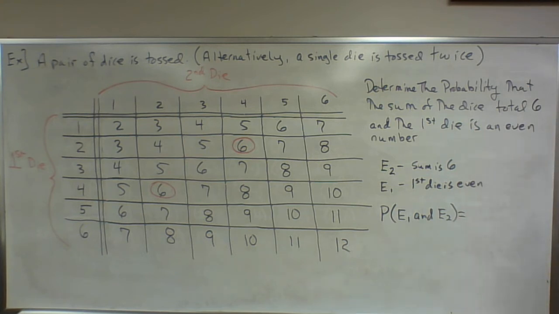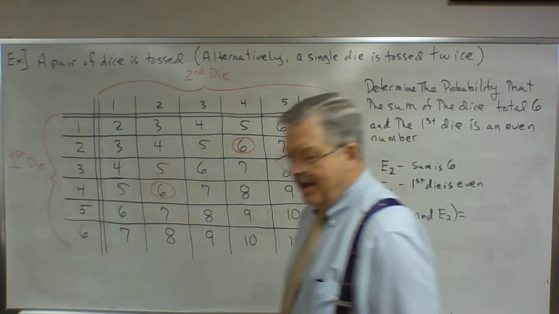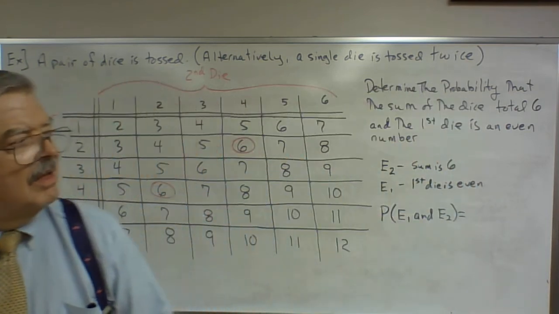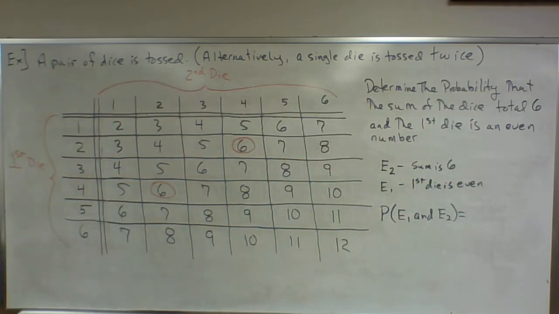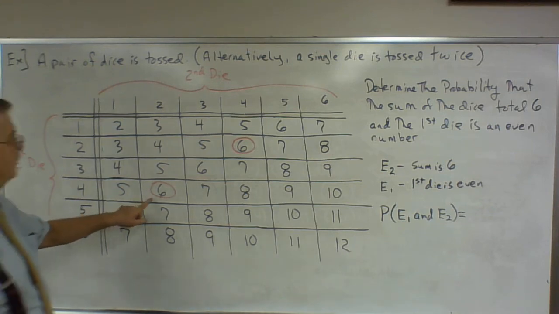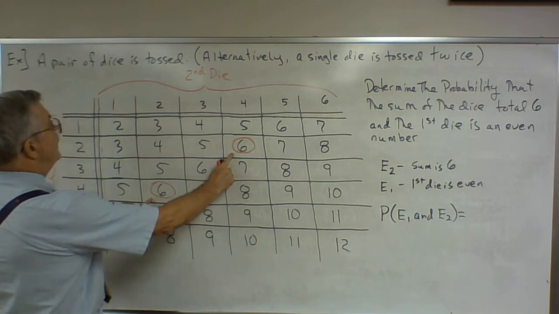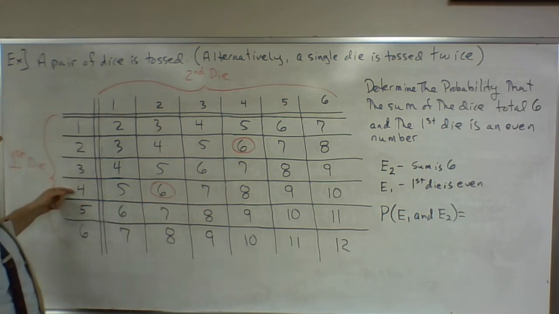And are these events independent? No, they're not. There are 5 ways that we can get a 6, but only 2 of them happen when the first die is an even number.